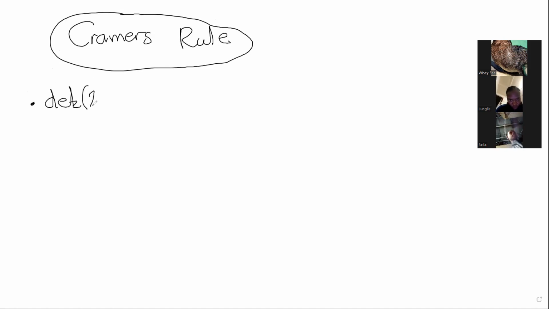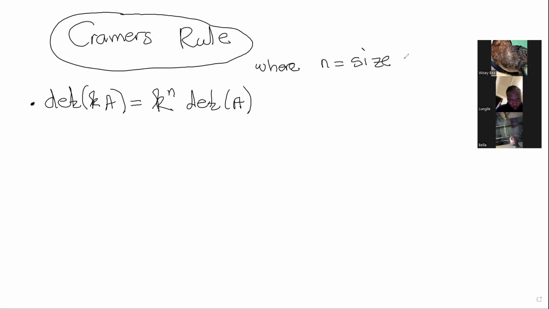The determinant of kA will be k times the determinant of A, whereby n equals the size of the matrix.